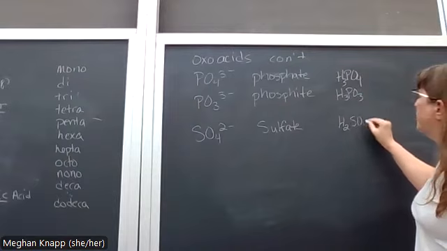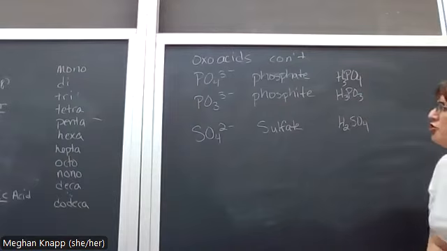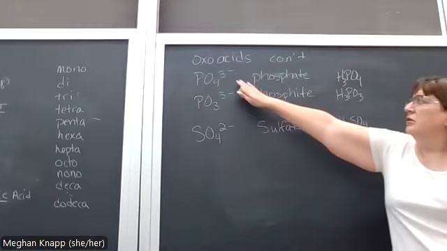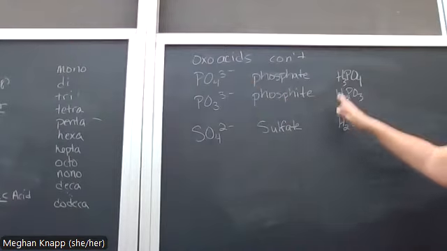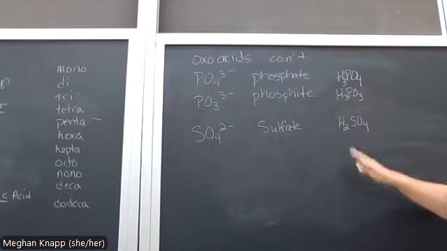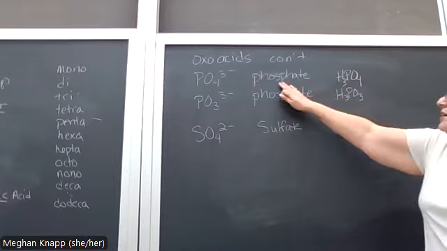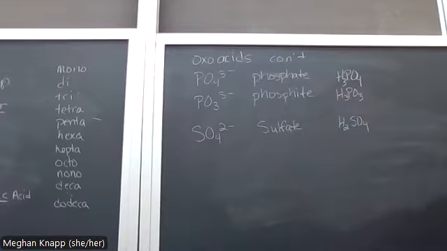The first thing to notice is that when my charge on my ion goes up, 3, so does the number of hydrogens. Okay, so this is H3, H3, and H2. Okay, but am I going to call this phosphoric acid? What's the name there? Phosphoric acid.